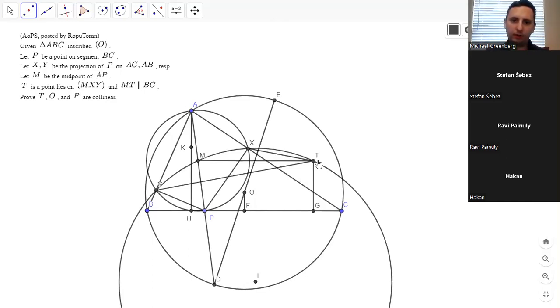So I wonder what T corresponds to, because BOC is similar to YMX, but what would T correspond to there? Be some point like right here.